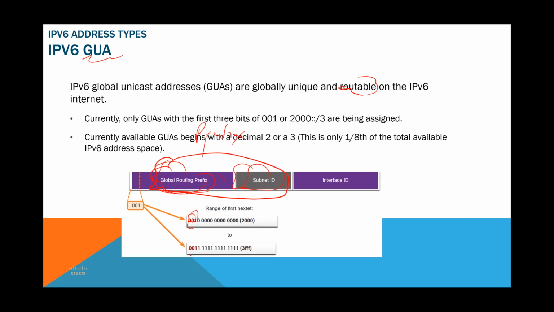And by working on those, they were able to tell us that, okay, guys, for this generation, you will be using from 2000 all the way to 3FFF. Meaning any IPv6 address you are going to see will be within the range of these hexadecimal numbers.